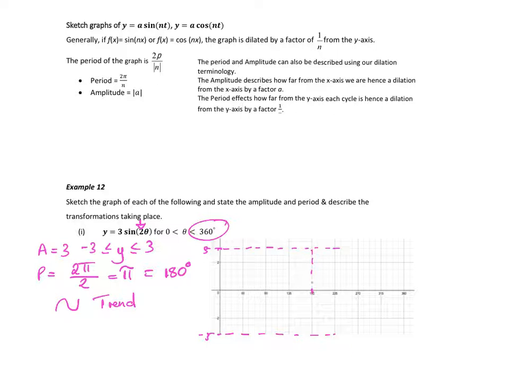180 degrees is one full cycle, and we're starting from 0. Hopefully you can see your box there. All right, so here's my box. And I am going to draw a sine graph, which means I start from 0. And I know, because I'm going around in 180 degrees, that I will end up back there again. Halfway through a sine graph, you are also in the middle, so that's at 90 degrees.